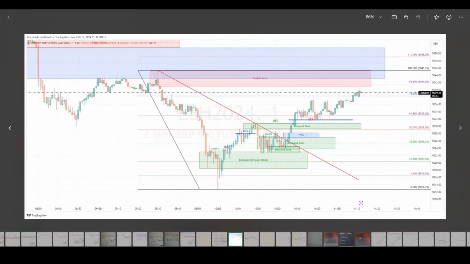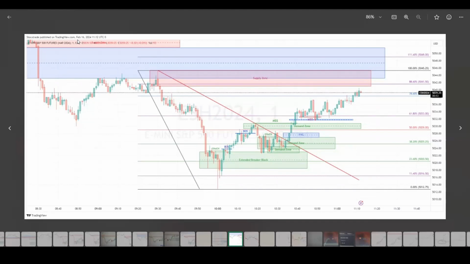Suppose, let me, where can I see, can I mark? Can I draw something? Oh my God. I want to show you. Okay, suppose if you extend this demand, extended breaker block, it will come here, and the price is also reversing from here. If you see, just imagine, okay, I cannot draw.